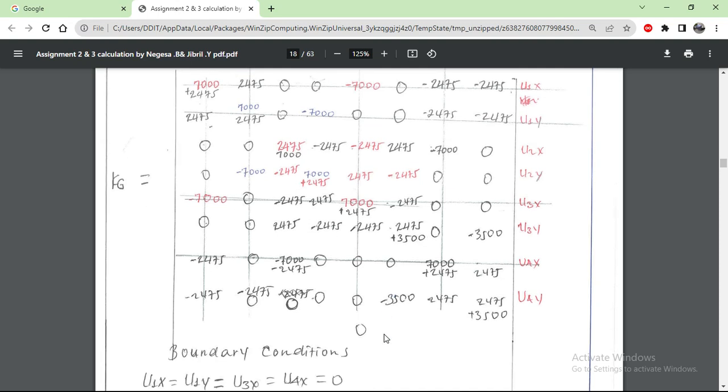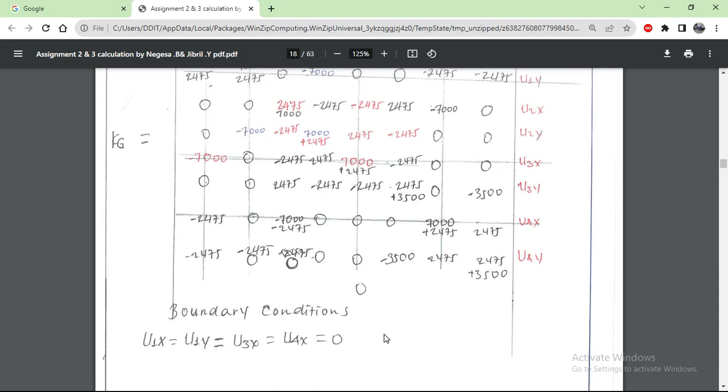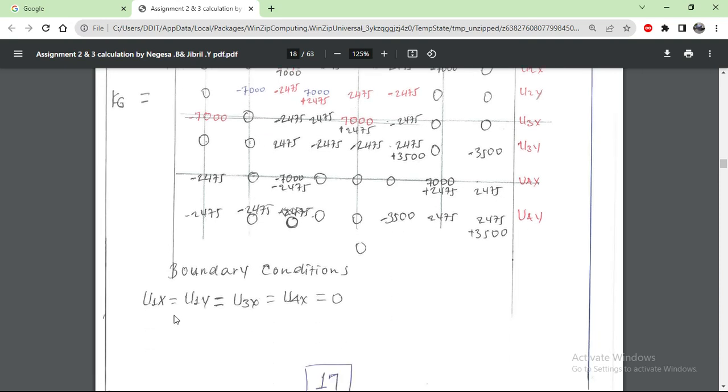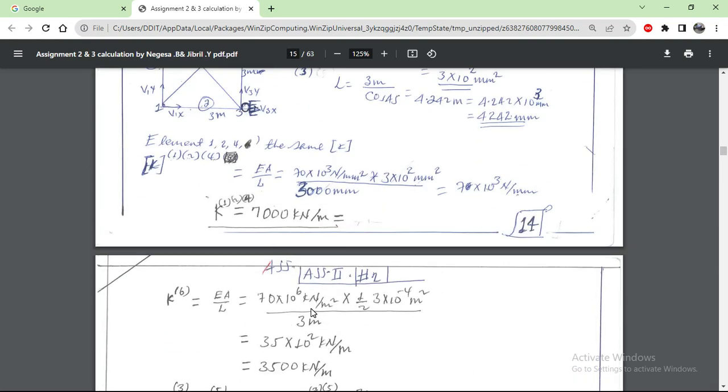Then the tables are generated based on the given data. We determine the boundaries of the object. U1 in the x direction is fixed, and u1 in the y direction is fixed. This one is stationary. U3 in the x direction is 0, and u4 in the x direction is 0, from the diagram.